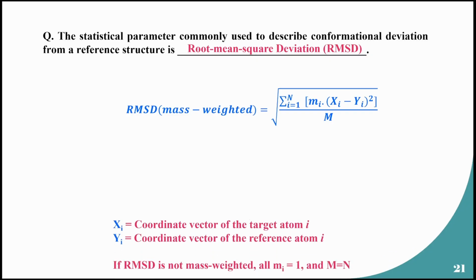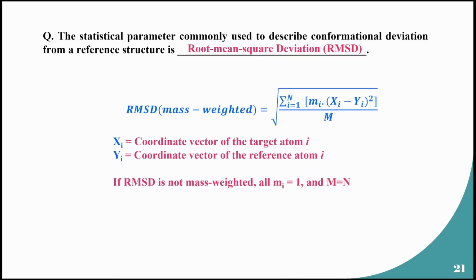So root mean square deviation is something like this, where for atom i you have a target coordinate position, right? And for the same atom, if you have the reference position as well, then you can subtract these values, square them, and then divide by the total number of atoms in this particular case.